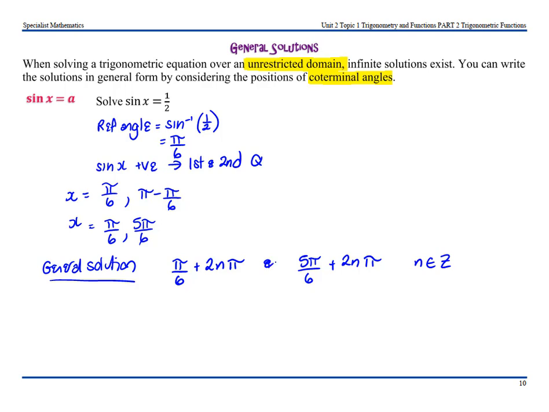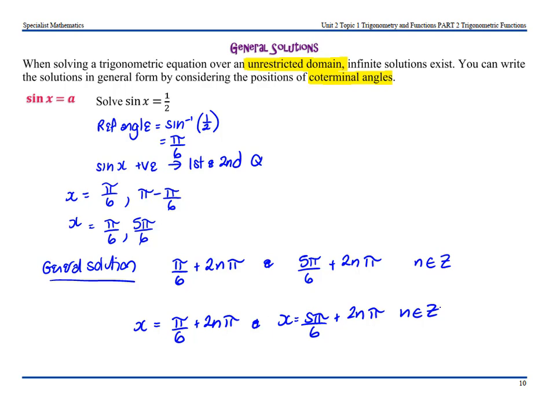So if n equals 1, we add 2 pi, that's in the next rotation. If n is negative 1, we go in the negative direction. And that's all we have to do. So our general solution is x equals pi on 6 plus 2n pi, and x equals 5 pi on 6 plus 2n pi, and n is an element of Z.